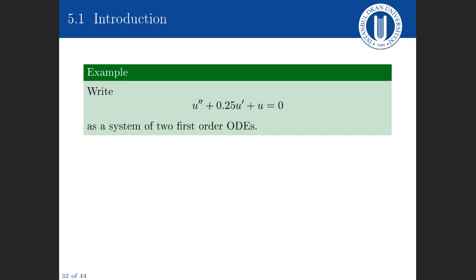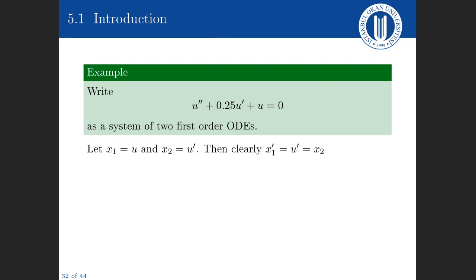For example, let's suppose I give you a second order linear ordinary differential equation, and I ask you to change this into a system of two first order differential equations. We need some new variables. Let's suppose x1 is the same as the variable that we already had, the u, and for our second variable we're going to choose u prime.